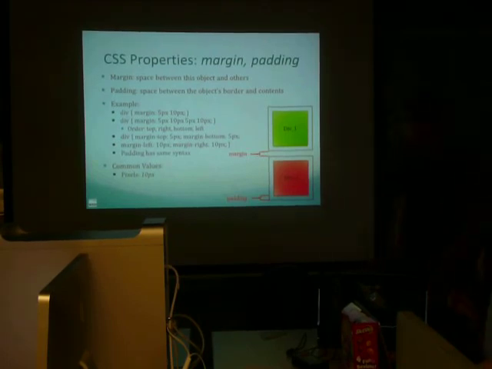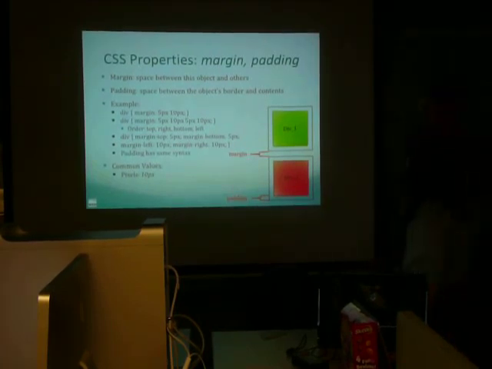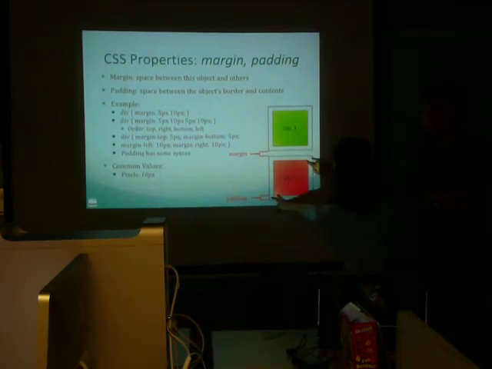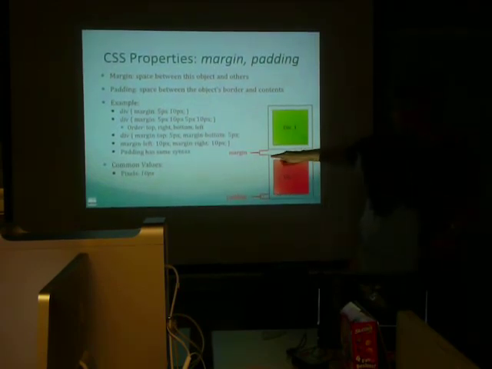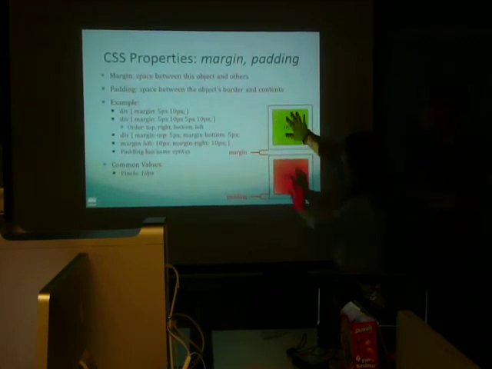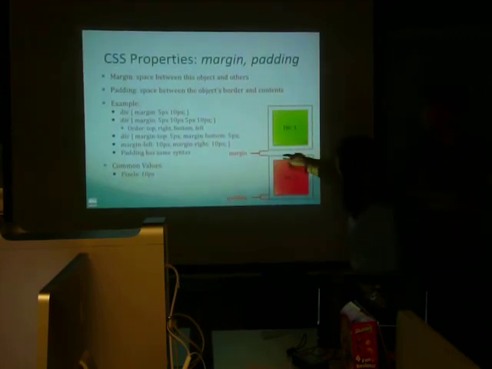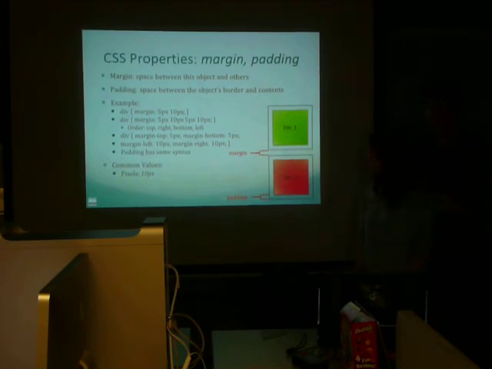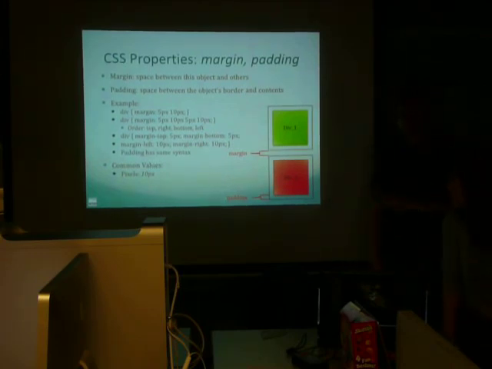So this picture is actually a little bit misleading. It kind of indicates that the div ends right here, where actually the div ends at the border. Imagine the border is the end of the div, and ignore the colored boxes inside. So margin is outside of the actual element, and padding is inside the element but before any content. Does that make sense? Before any stuff that you can put inside.